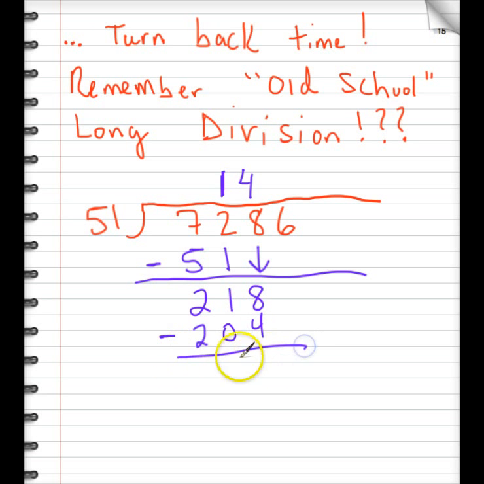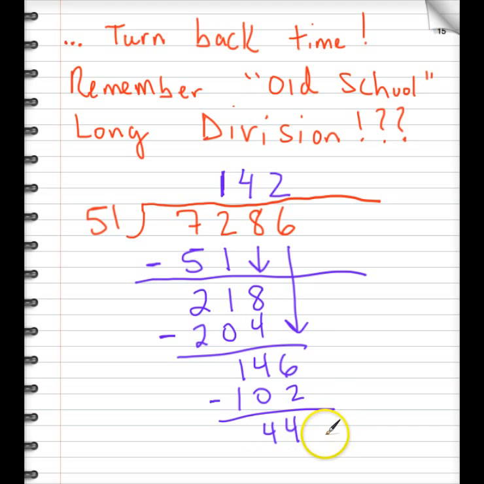You subtract that. 218 minus 204 is 14, and then you bring down the 6. 146, 51 goes into that. Let's see, 3 would be 153. That's too much, so it can only go in there 2. 2 times 51 is 102. So if we subtract that, we're left with 44.